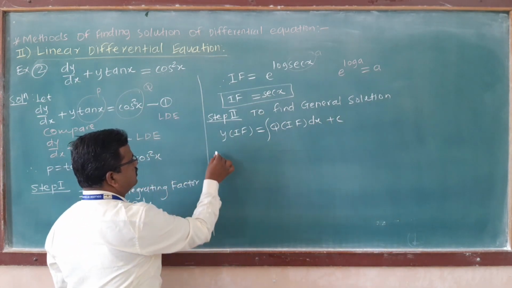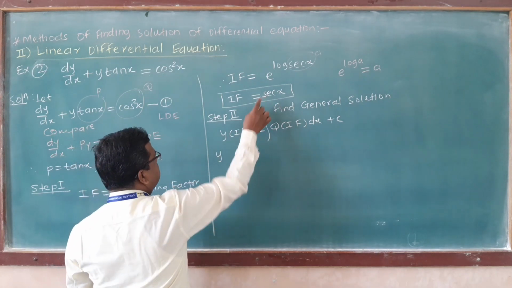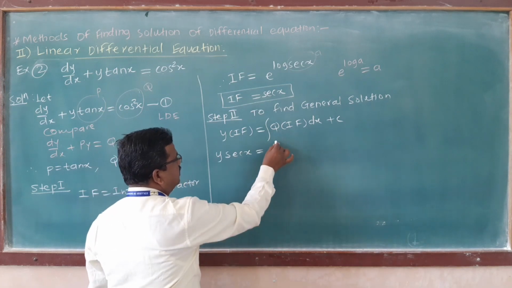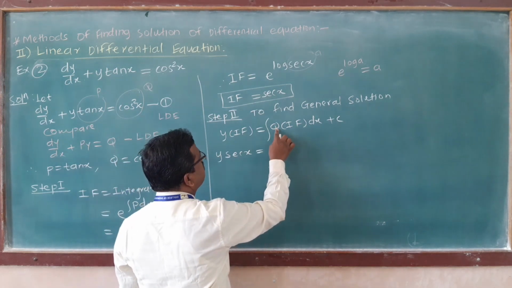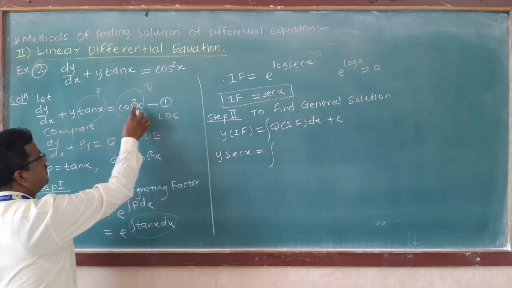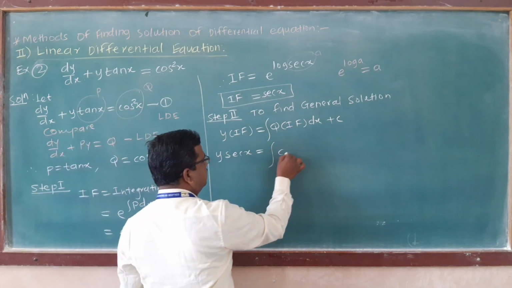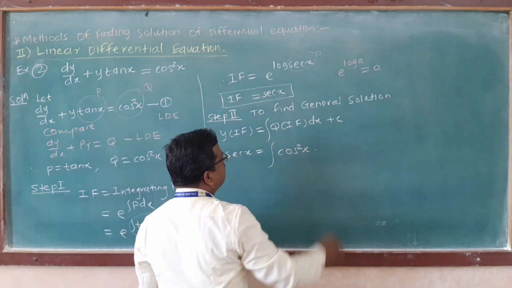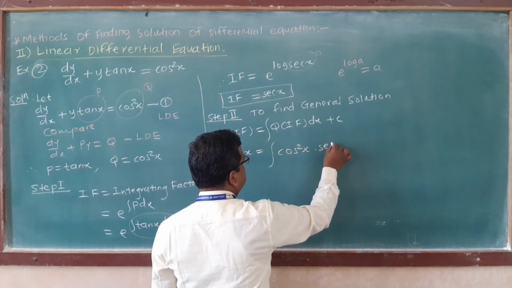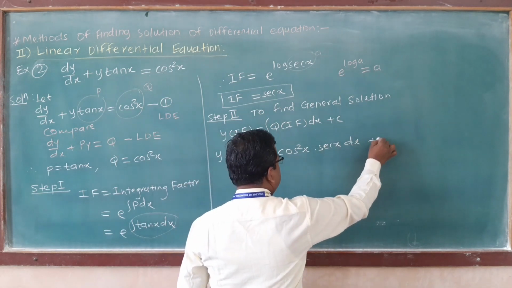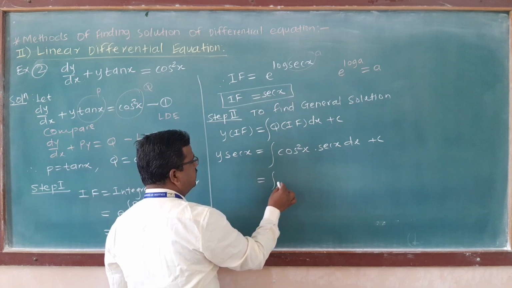Now put values. y into IF means y sec x is equal to integration of Q. Q means the right hand side of this equation, which is cos square x, into IF which is sec x, with respect to x plus c.